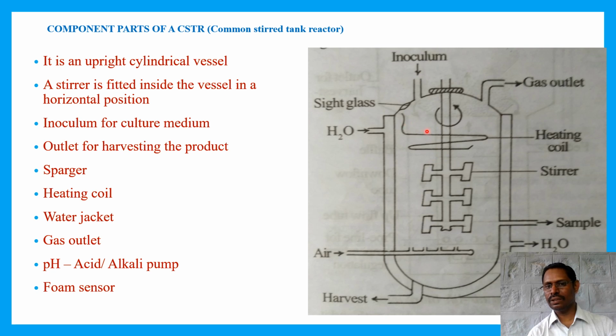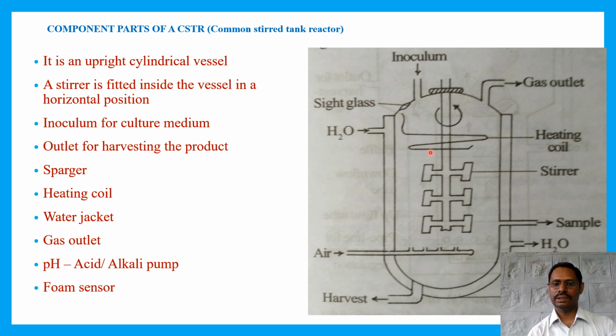There is a heating coil to maintain the incubation temperature of the medium. The total vessel, the fermenter, is covered by a water jacket. There is an inlet and an outlet for the water jacket.